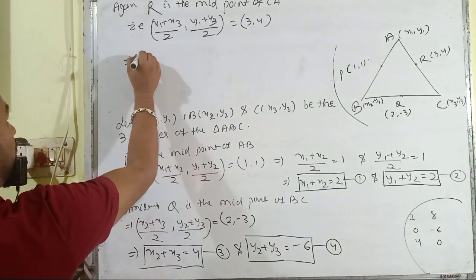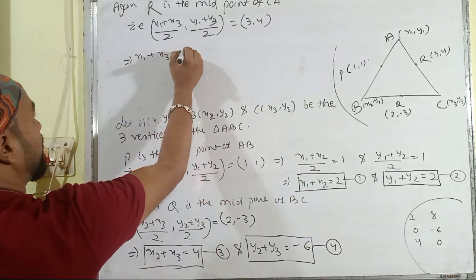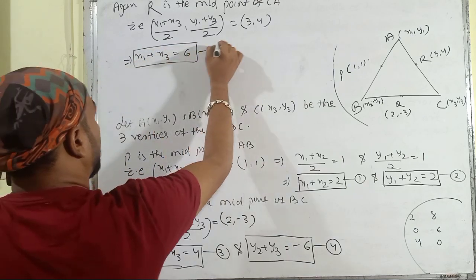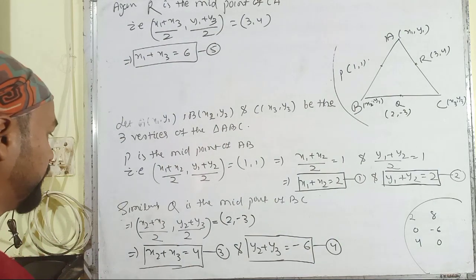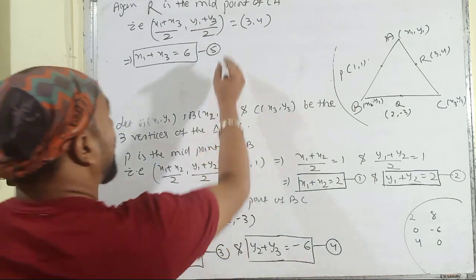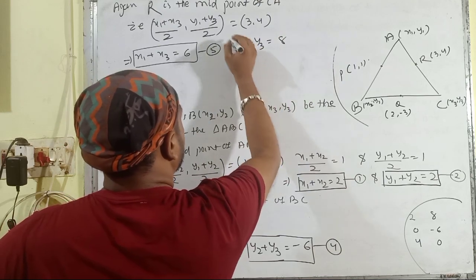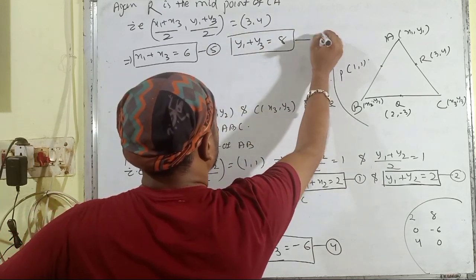That implies x1 plus x3 is equal to 6, equation number 5, and here y1 plus y3 is equal to 8, equation number 6.